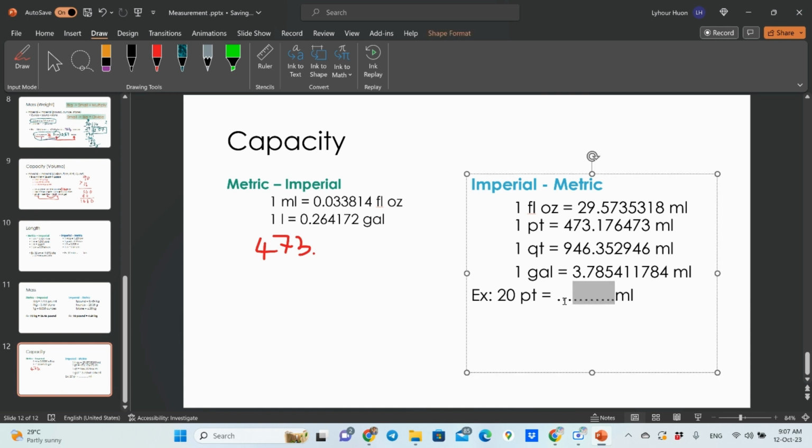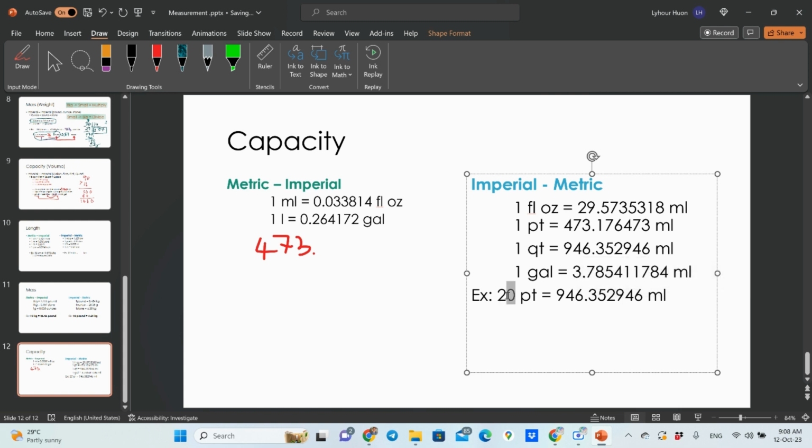Okay, 946, correct? The decimal is in between 6 and 3. Here, yeah. 4.6. Now, are you sure the decimal is here? That's the question.